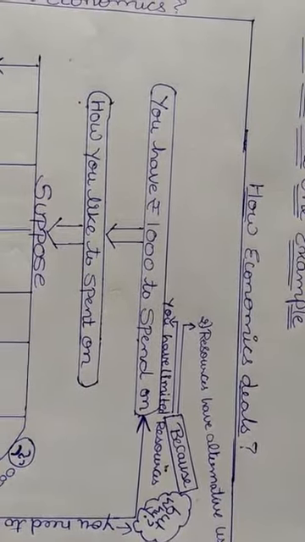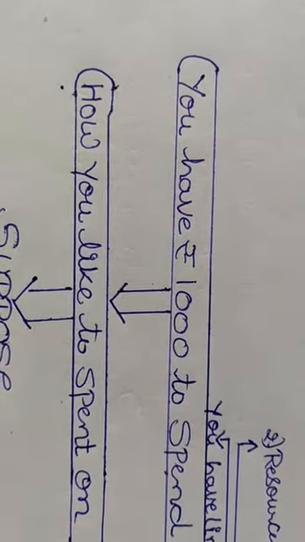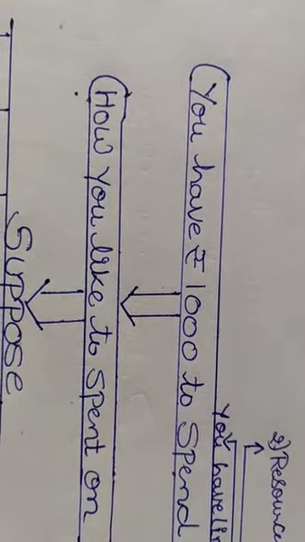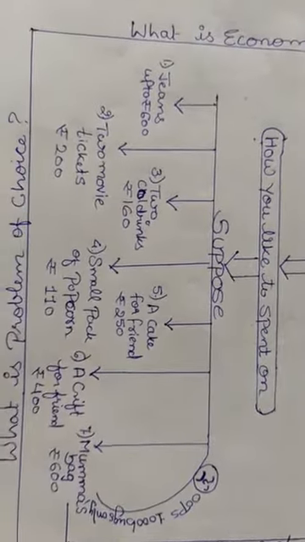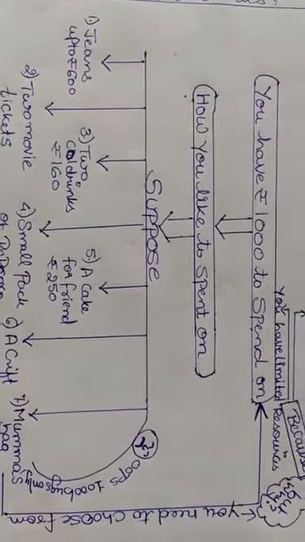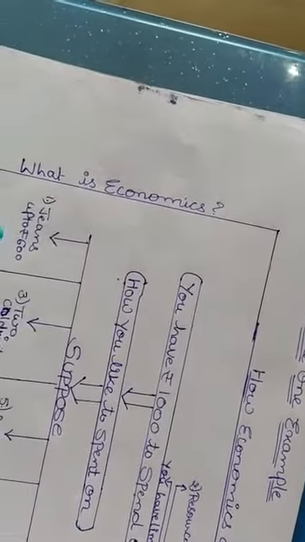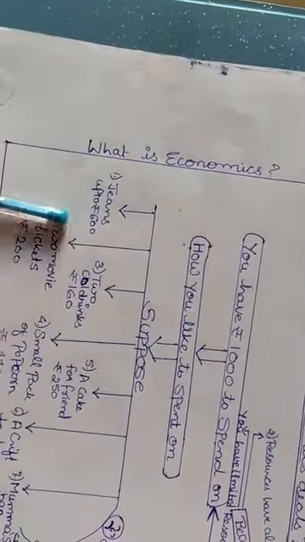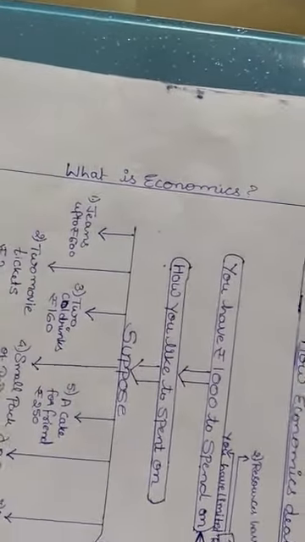Okay, now the question arises, how would you like to spend it? Suppose, let's take an example. Suppose, firstly, I would like to buy jeans of 600 rupees. Alright, 600 rupee jeans. Okay, now I have 400 in hand.